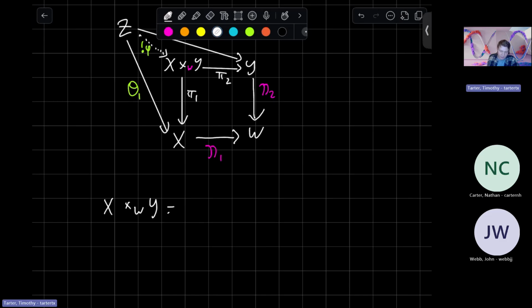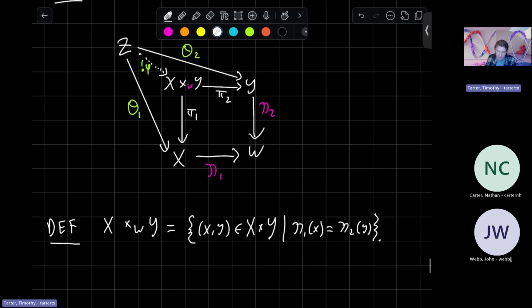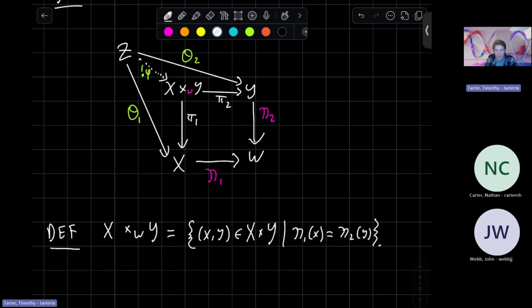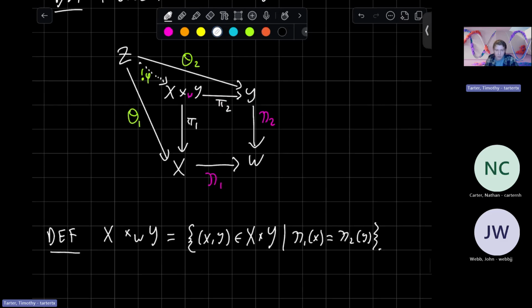So the formal set definition is that this is all of the pairs in X and Y such that eta 1 of x is equal to eta 2 of y, and that for any Z with maps into X and Y, it factors uniquely through the fibered product.